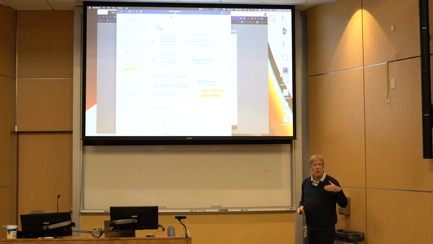So you have this so-called braid relation for braids sigma i and sigma i plus 1, adjacent twists, so to speak. And then you have another relation, which is if the twists involve completely separate strands, then they commute. So if you look at sigma 1 and sigma 3, sigma 1 involves strands 1 and 2, whereas sigma 3 involves strands 3 and 4.